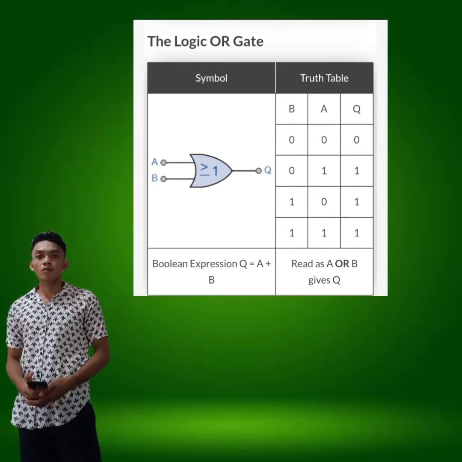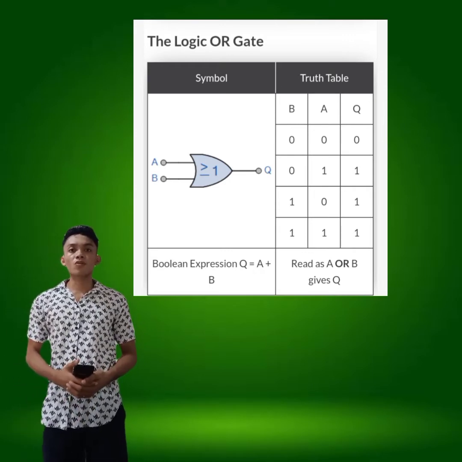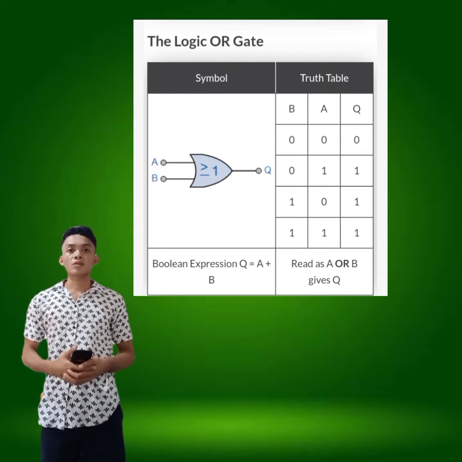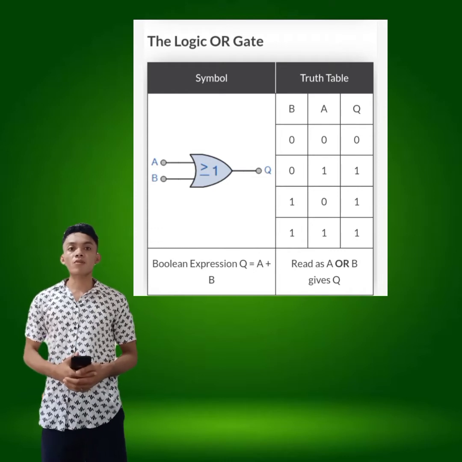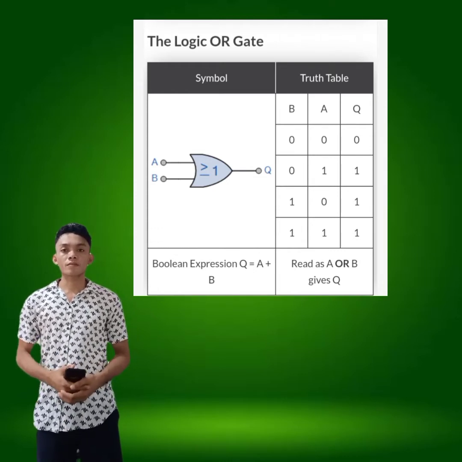The truth table is B 0 0 1 1, A 0 1 0 1, Q 0 1 1 0. The Boolean expression is Q equals A XOR B, read as A or B but not both gives Q odd.